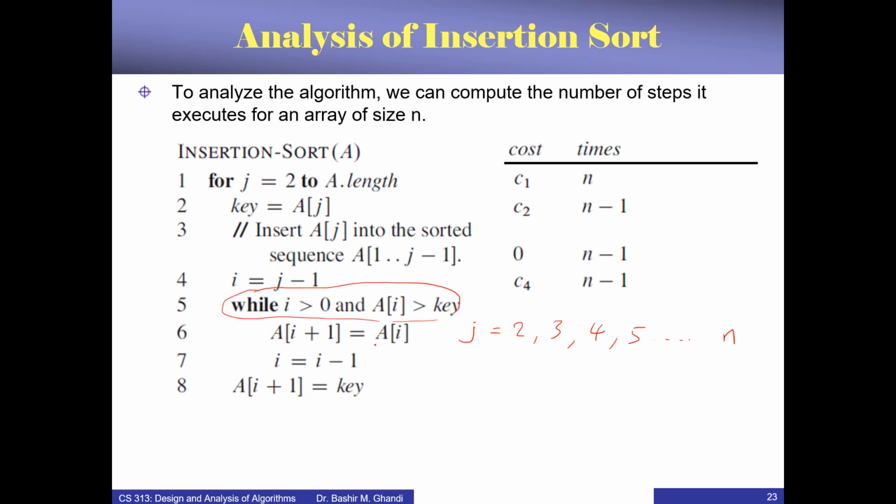And this variable, its value actually changes with the j. And therefore, we're going to call it tj. Okay, so t2 when j is equal to 2. We will say the heading of this loop will execute a variable t2 times.